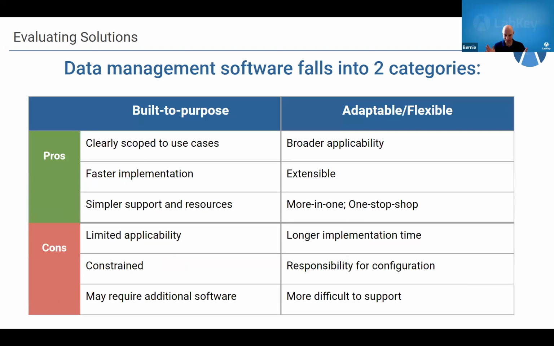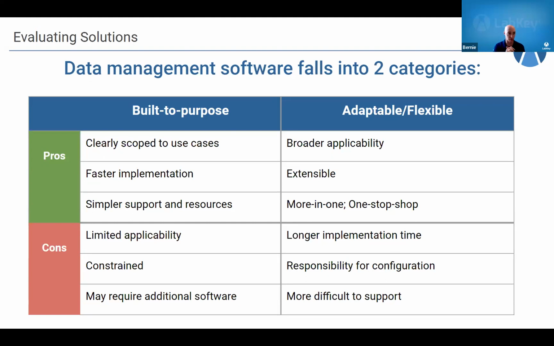So generally, data management software falls into one of 2 categories: being built to purpose or being more adaptable, flexible. Now, this, of course, is a bit of a spectrum. Pieces of software will fall somewhere in the middle, but let's start with built to purpose. Built to purpose software has some advantages.